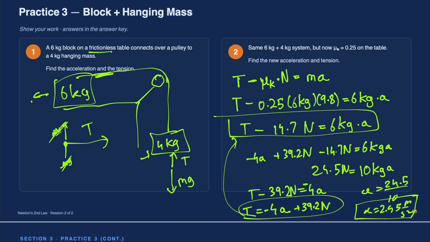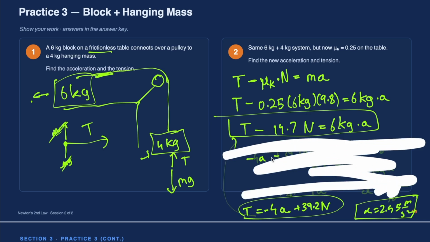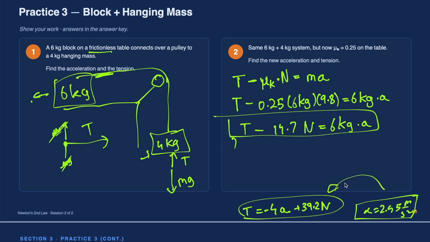And then if I was to choose one equation to plug this into, I would just choose this equation here. So tension is equal to negative 4 times 2.45 plus 39.2. So that should be 29.4 newtons of force.